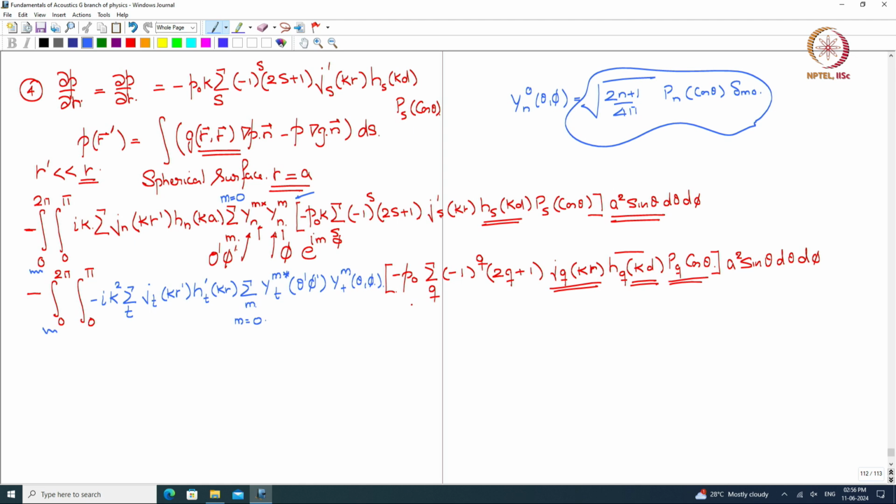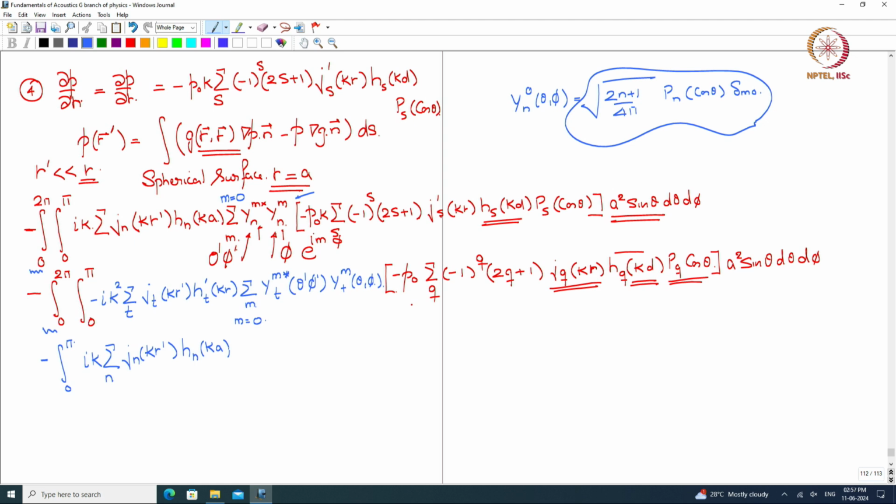So that is going to be written as minus integral 0 to pi ik summation over n jn of kr dash hn of ka.